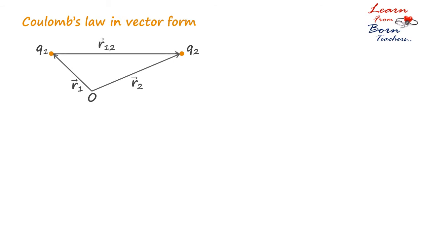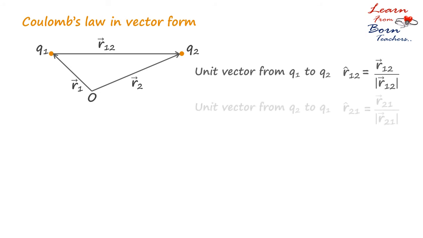The unit vector in the direction of vector r12 is r12 cap, which is equal to vector r12 by magnitude of vector r12. Like this, we can take vector r21 as the vector from q2 to q1, and the unit vector r21 cap is equal to vector r21 by magnitude of vector r21.